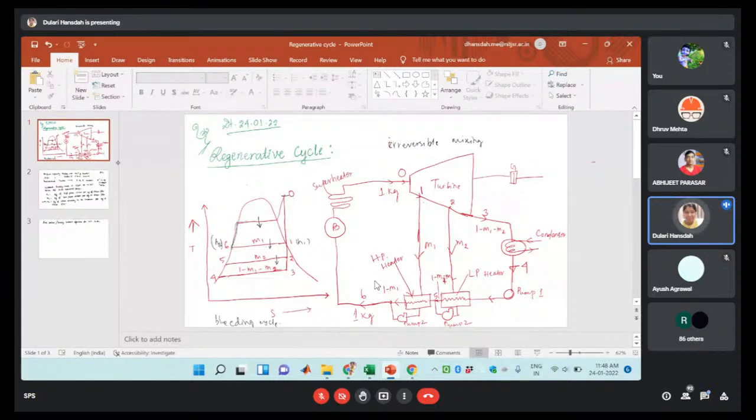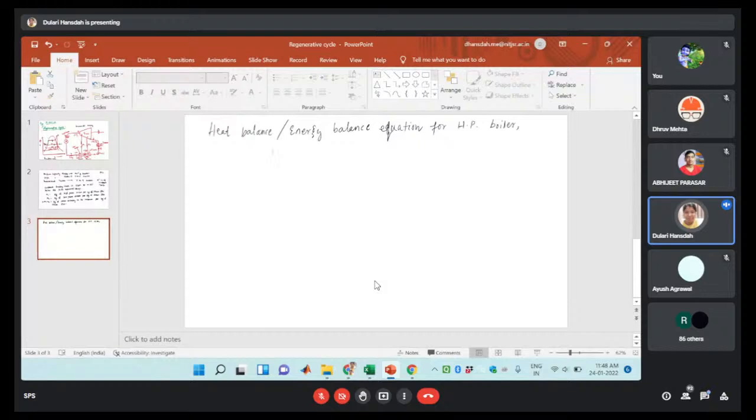This is the heater, right? Here it is the inlet, and here it is the outlet, so it is entering the boiler. In this case our formula will be M1 (H1 minus HF6).